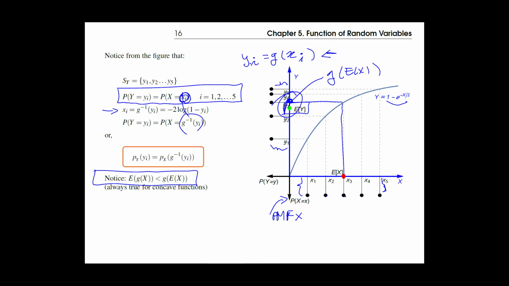So what's happening is that the naive approach, the lazy approach, overestimates the mean. We're going to see ways of improving this approximation, making these two expected values closer together. But remember that whenever the function is concave, if you use the lazy approach, you would be overestimating the real mean of y.